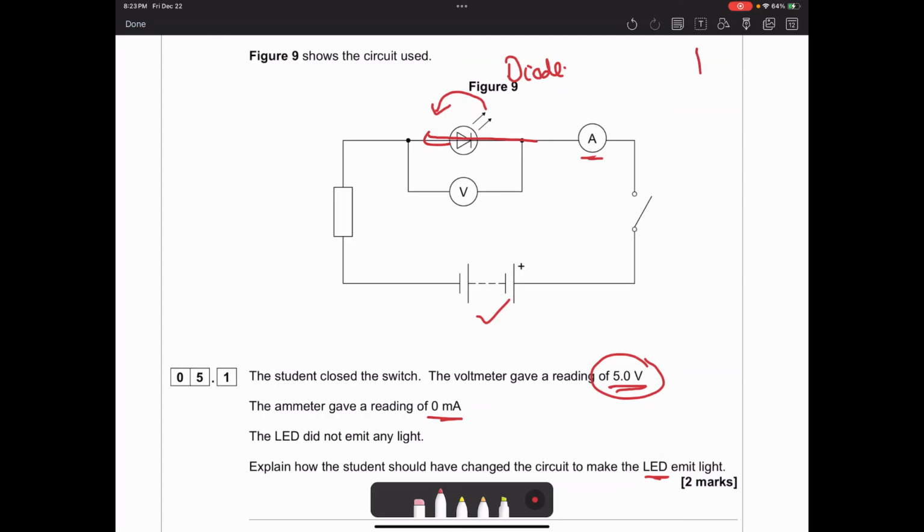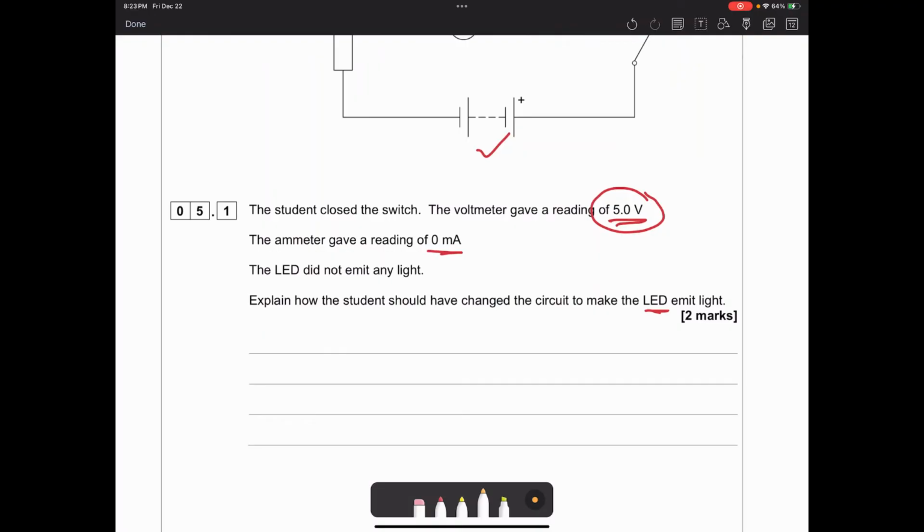Because remember, with diodes their voltage current graph looks a bit like this. It goes flat and then shoots up. It's got a high resistance in one direction, but it has a low resistance in the other direction. So what should the student do to make the LED emit light?